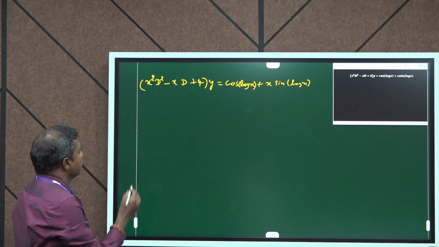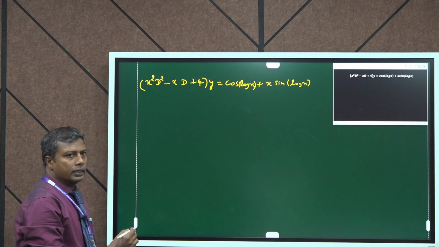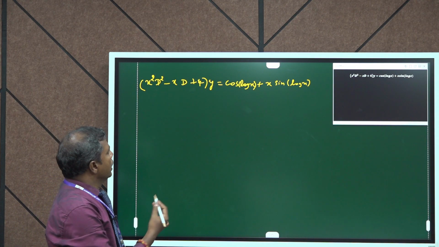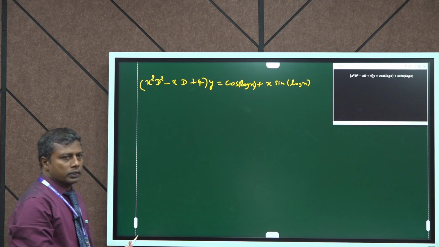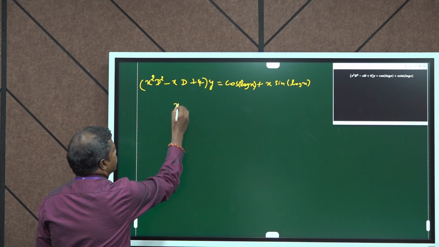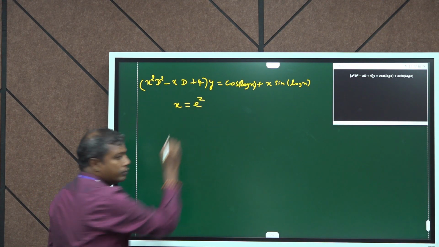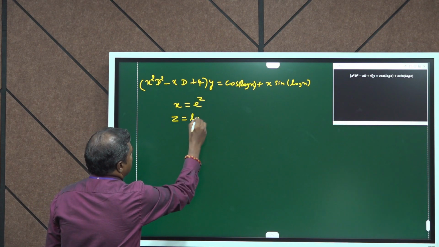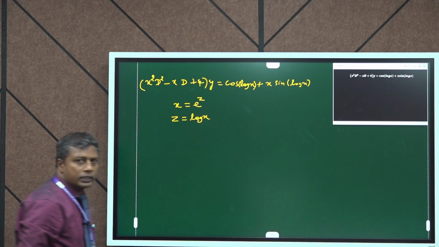So first we have to change the given differential equation into constant coefficient. How are we going to change it? By making the substitution x is equal to e power z, that is, taking log on both sides, z equal to log x.